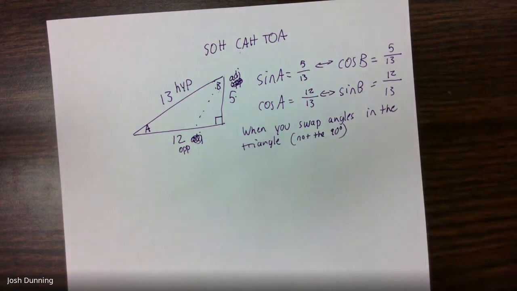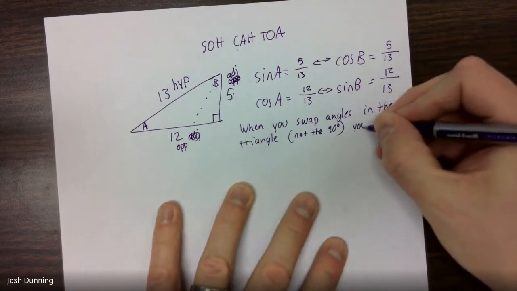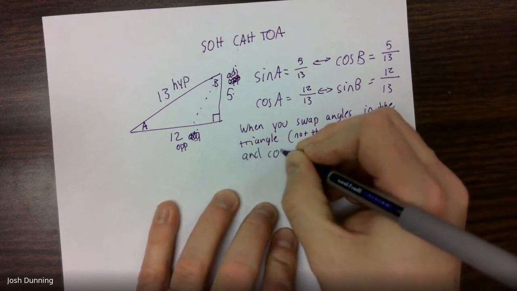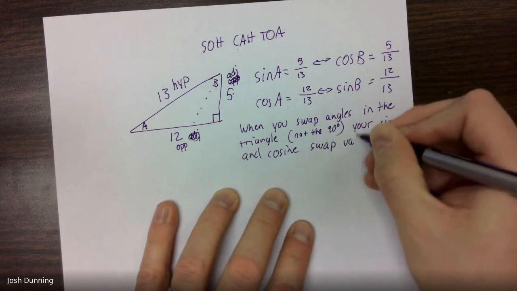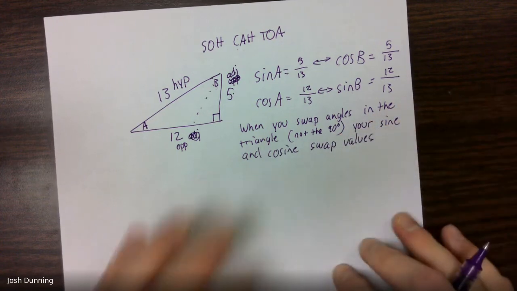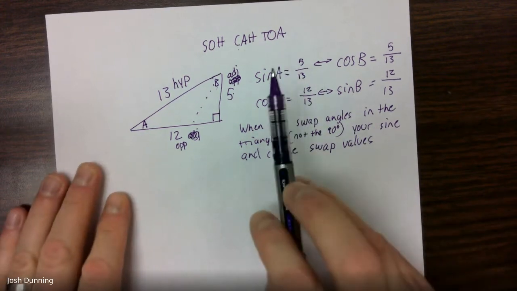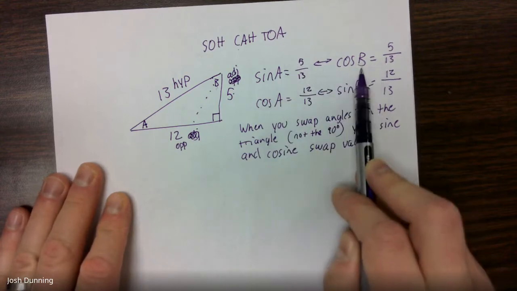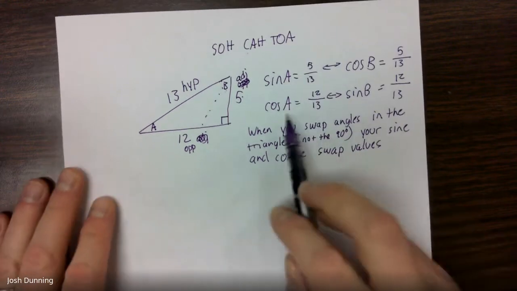We don't ever do trig from the 90-degree angles. Your sine and cosine swap values because your opposites and your adjacents swap. So sine of one angle is equal to the cosine of the other angle, and vice versa.